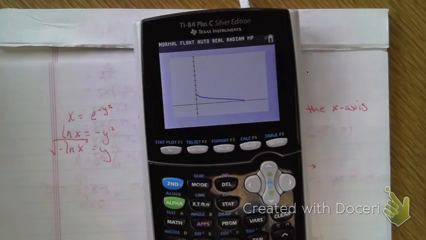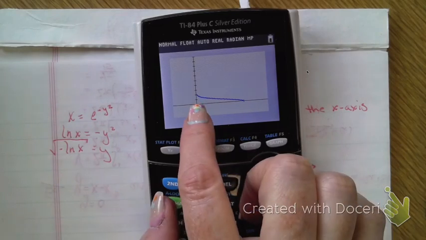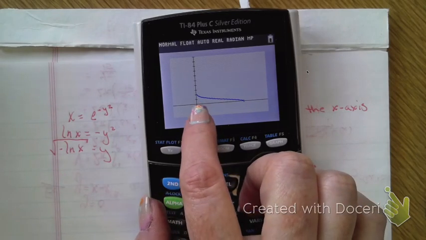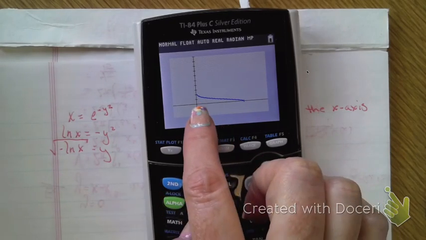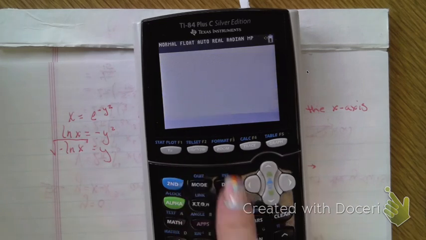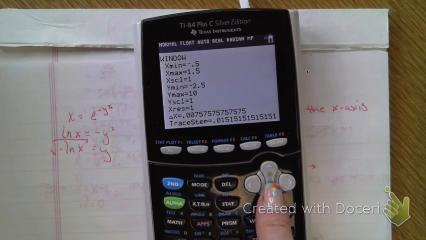So I only need from 0 to 1 on the y-axis, don't I? Yeah. So that's way too zoomed out. I need to zoom in some more. On the y-axis I don't need 10, so I only need 1.5, and negative 0.5.